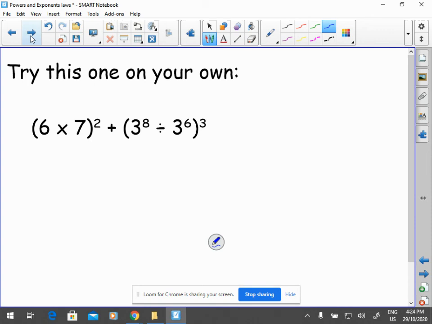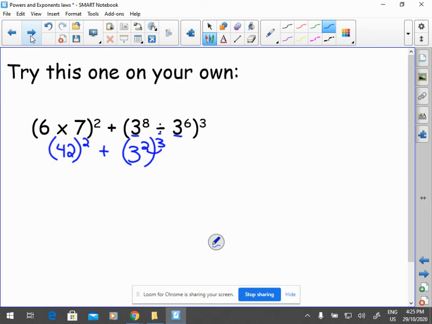So I'm going to say 6 times 7 first, which is going to be 42, and then that answer is going to be squared. And I'm going to add, my base is the same, and I'm dividing, so I am subtracting my exponents. So I'm adding 3 to the power of 2, and that whole thing is raised to the power of 3. So I have another law that I can use here.